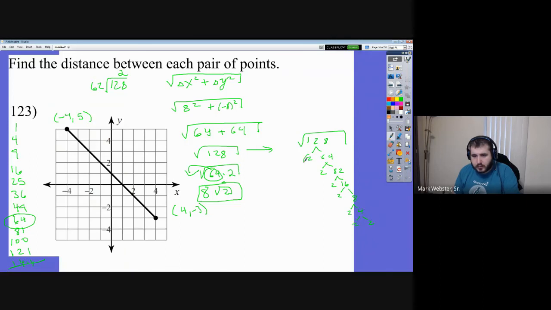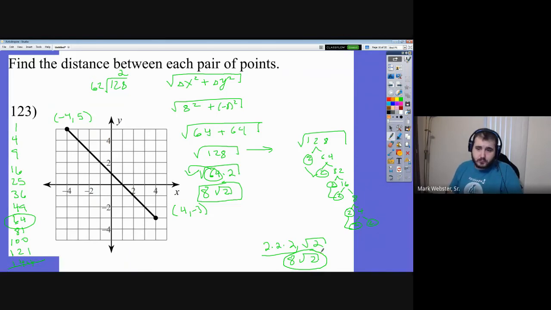And we count, there's 1, 2, 3, 4, 5, 6, 7. How many pairs do we have? There's 1, there's 2, there's 3. So we got 3 pairs of 2 on the outside and 1 leftover 2 on the inside. Well, this is 8, right? Either way you do it, you're going to get the same answer. You better. But other than that, that's about all there is.